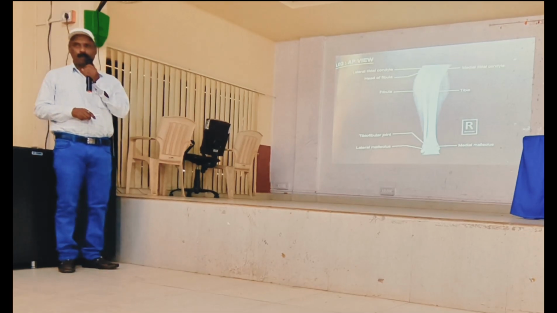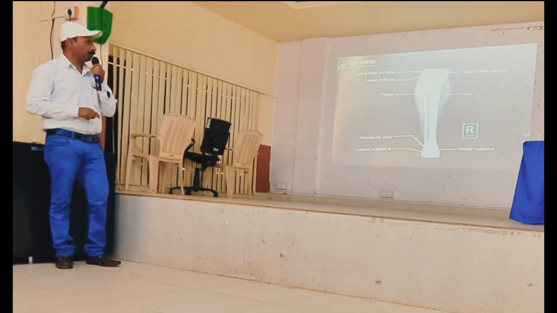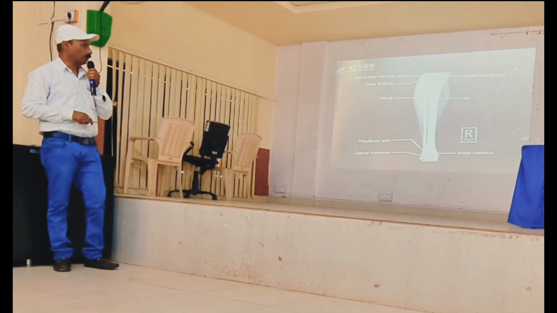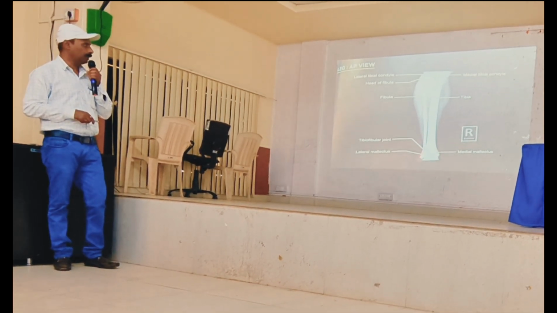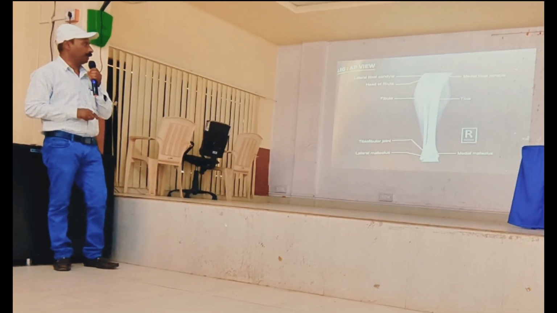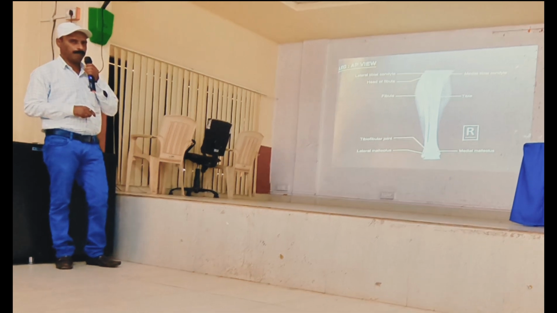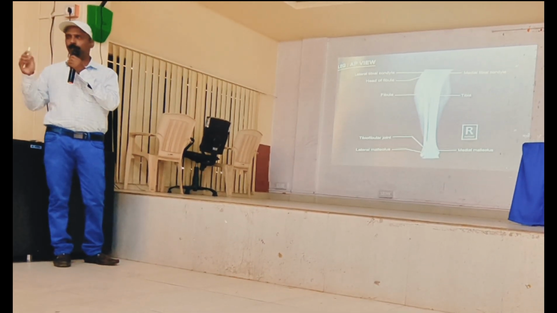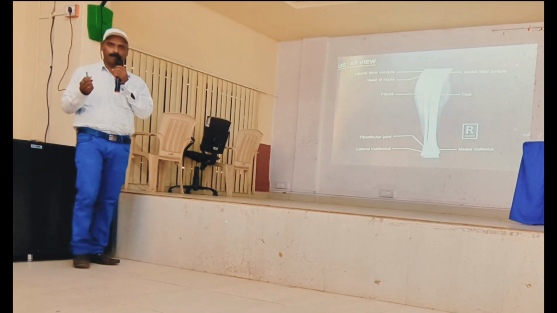In the leg, how are you going to get the radiogram? The most important bones are the tibia and fibula. You will see the medial malleolus, lateral malleolus, the condyles of the tibia, and the head of the fibula. Compared to the tibia, the fibula is a thin bone.